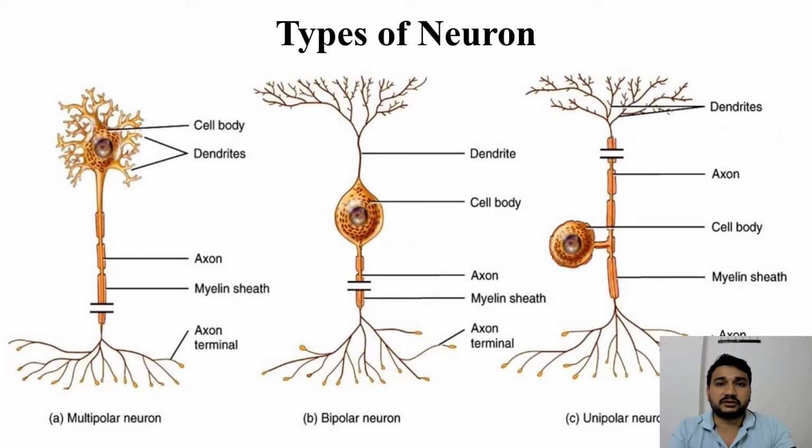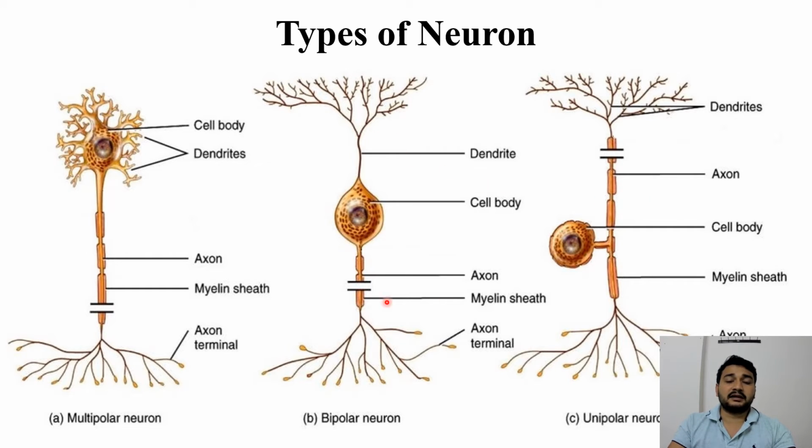Types of neurons. There are many ways of classifying neurons. This slide contains the classification of neurons on the basis of polarity, that is, how they transmit signals. The rightmost one is the unipolar neuron, which sends signals in one direction.